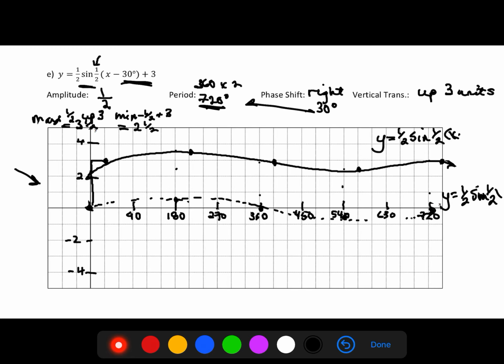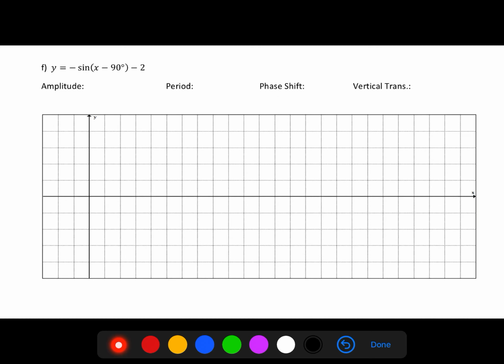And there's our graph of y equals 1/2 sine 1/2 x minus 30 plus 3.